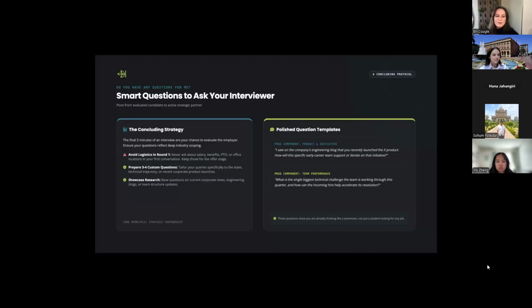And then prepare 3 to 4 custom questions. So team trajectory, corporate product launches, and showcase your research in this as well. I love when students come to the table with a question that incorporates our product or our mission or something that they would have found by doing research on Ancestry, versus just, what's the career ladder?